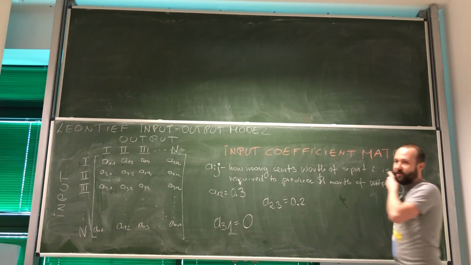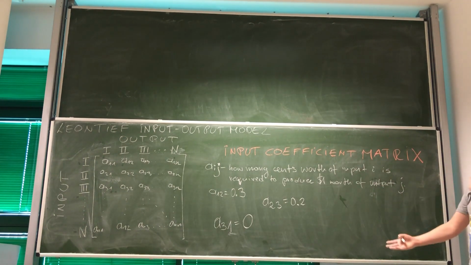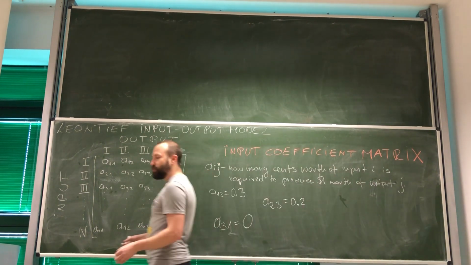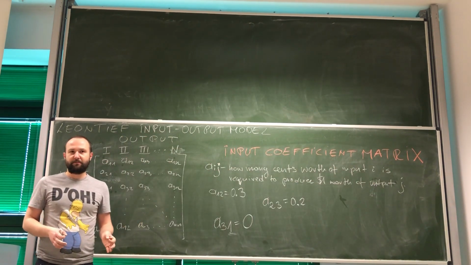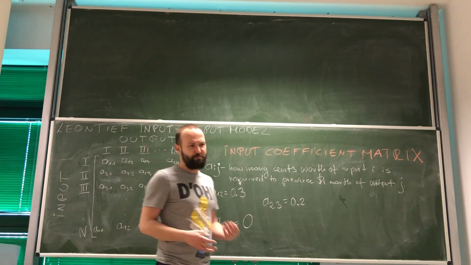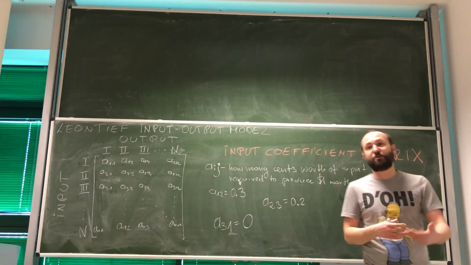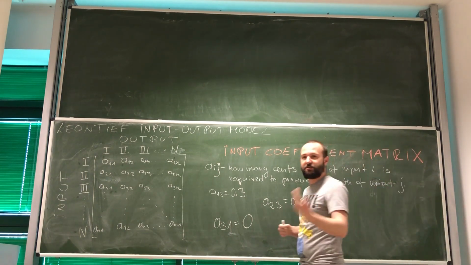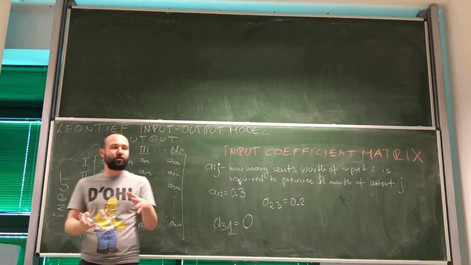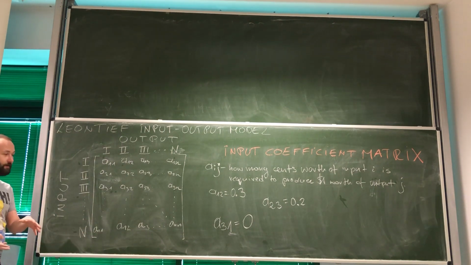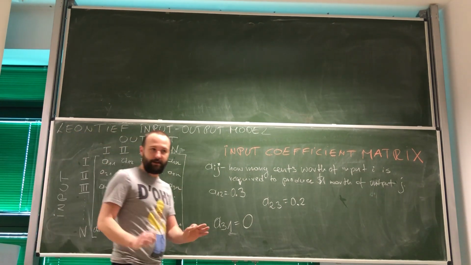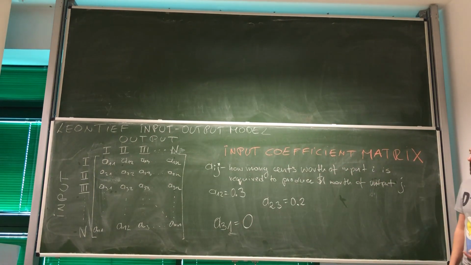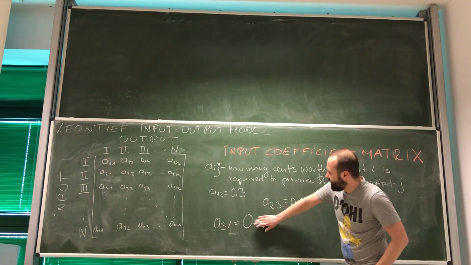If you have a company that produces cars and teddy bears, you can imagine that in order to produce teddy bears, you might need a car, right? This car might be needed probably for delivery, right? And it doesn't need to have a very big impact on the total cost of production of a teddy bear, but it's still in there. However, it doesn't need to work in the opposite direction. You don't need to have a teddy bear to produce a car. And this would be a situation like this.